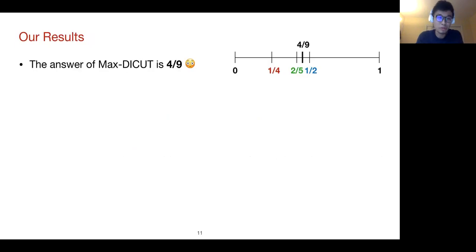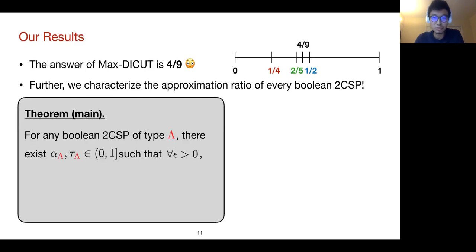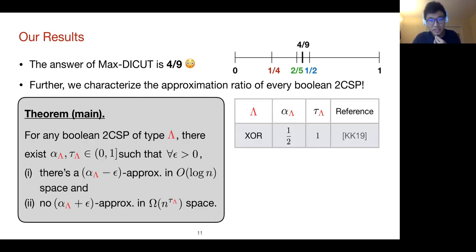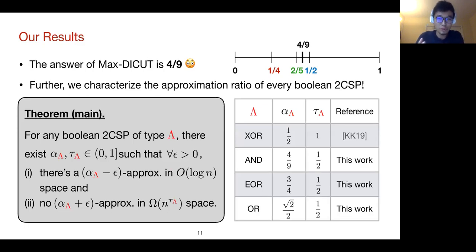The result of this work is to first show that the true answer for Max-DICUT in the streaming model is actually 4/9. We further characterize the approximation ratio for every other Boolean 2-CSP, where 2 means the arity of the constraint is 2. The main theorem is stated here. It might look a little bit scary, but it's just saying that when you give me the type of the 2-CSP, I can exactly tell you what approximation ratio you can achieve.